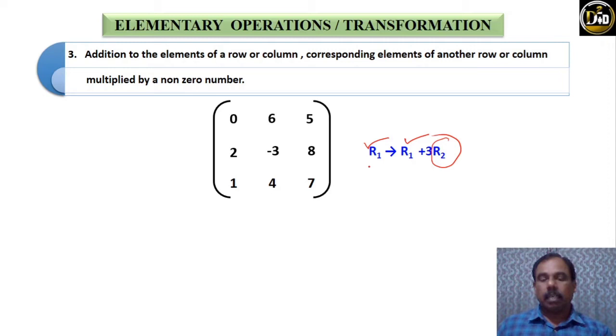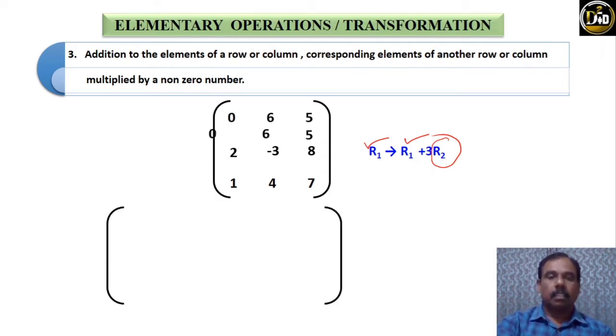We get a new matrix in which the first row is replaced by the first row of the given matrix plus 3 times the elements of the second row of the given matrix. Accordingly, we get first row as 0, 6, 5 plus 3 times of the second row, that is 2 minus 3, 8.